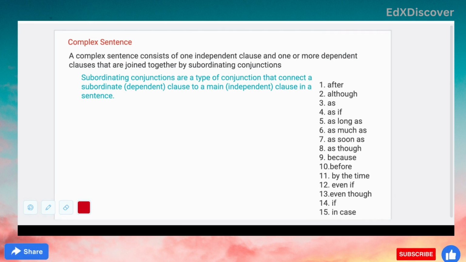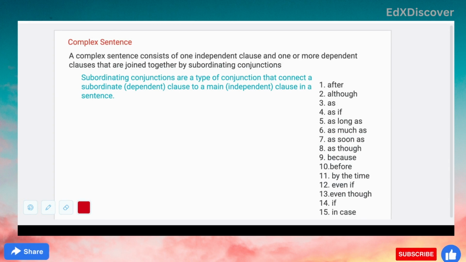Only 15 subordinating conjunctions: after, although, as if, as long as, as soon as, though, because, before, by the time, even if, even though, if, in case, and there are a lot more that we will use in complex sentences.